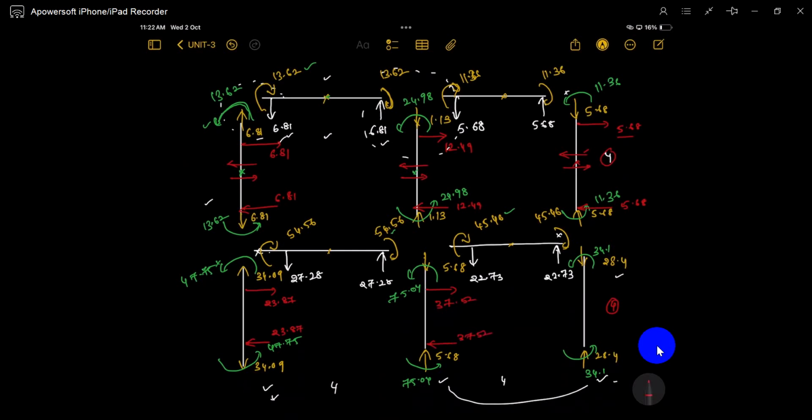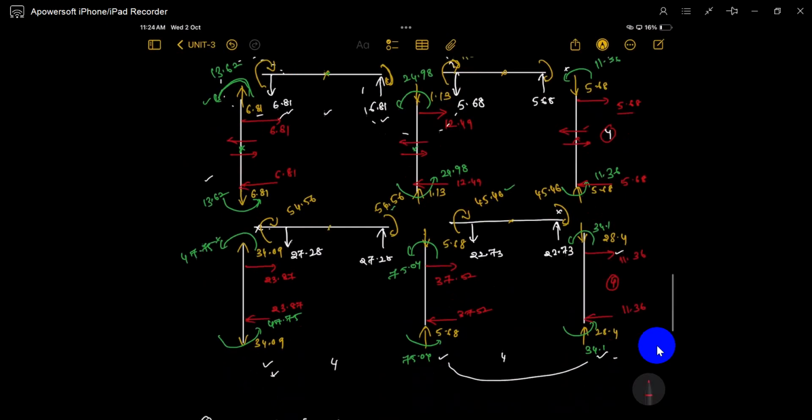Here is 22.73 divided by 2, 11.36. Okay. Now everything is over through equilibrium equations.